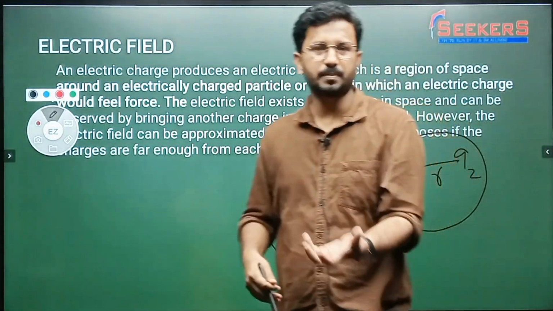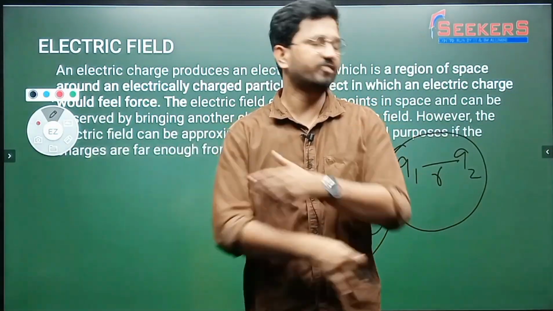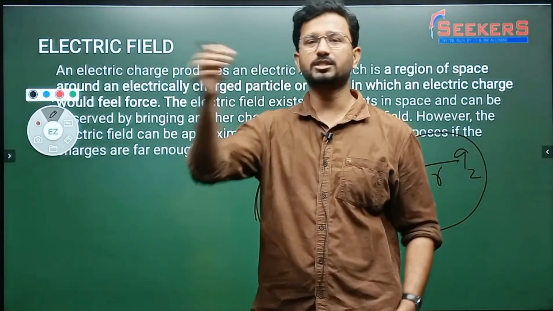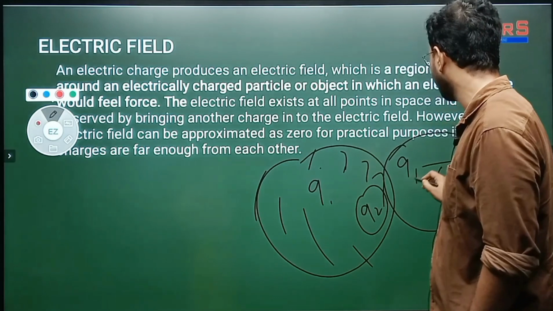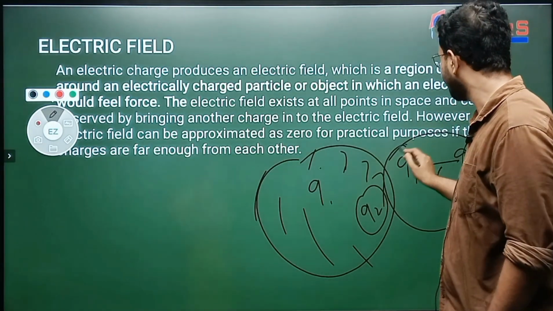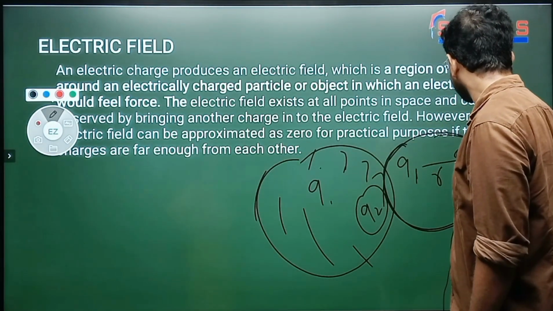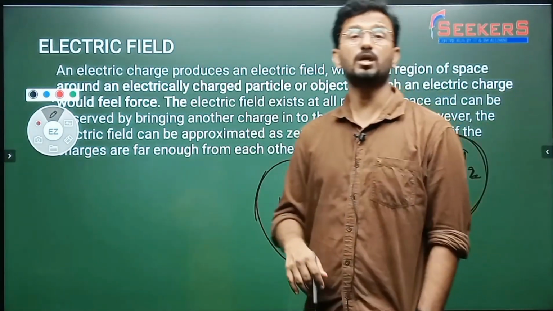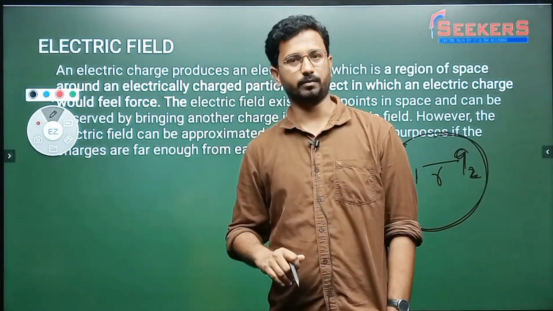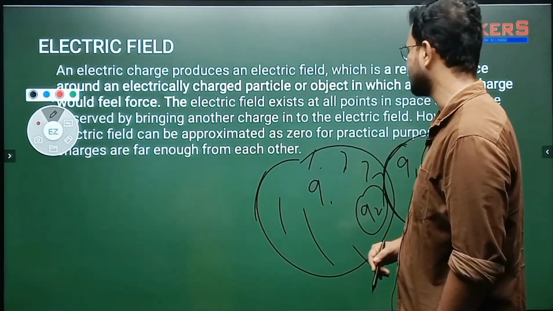Q1, when you keep the charged particle Q1, will create some electric field around it. If you keep another charged particle in its field, it will experience force. So if you keep Q2, that charged particle will experience force due to the field created by Q1. So it's a two-step process.